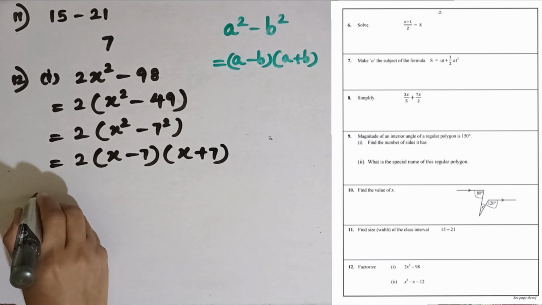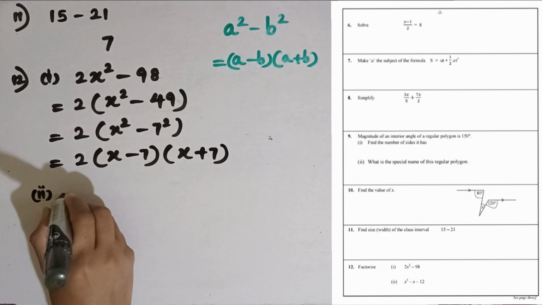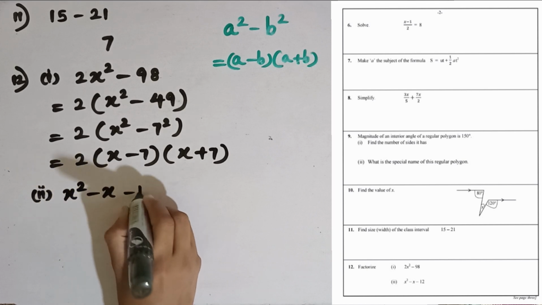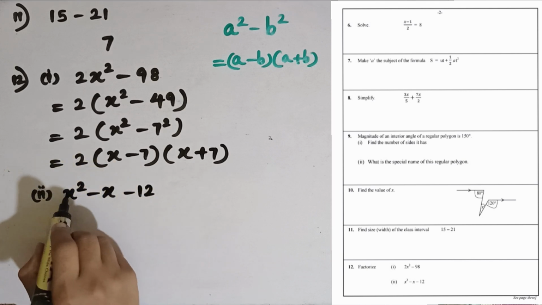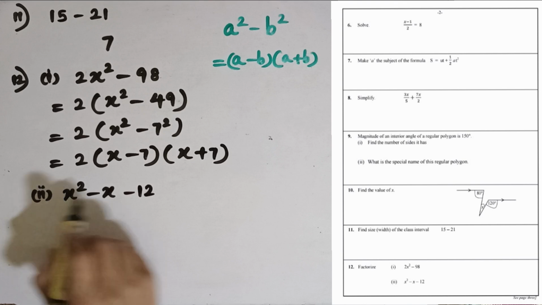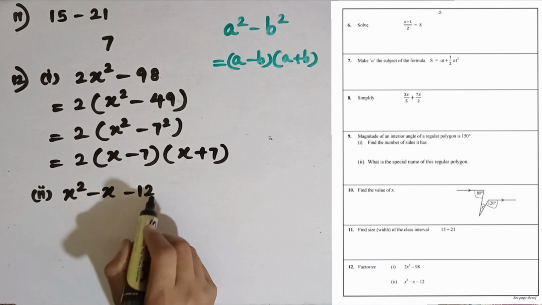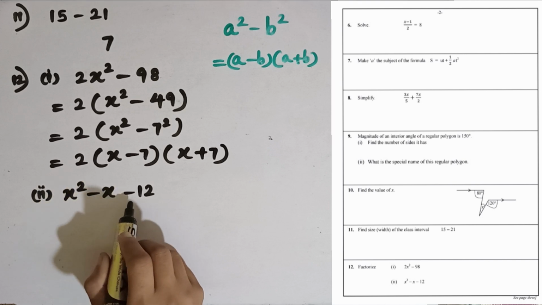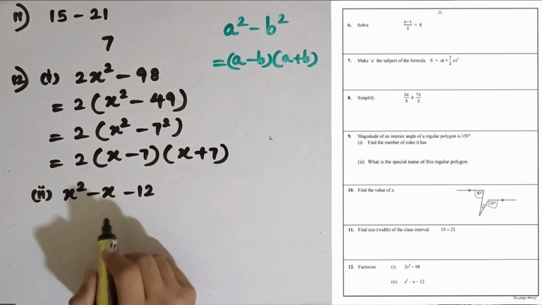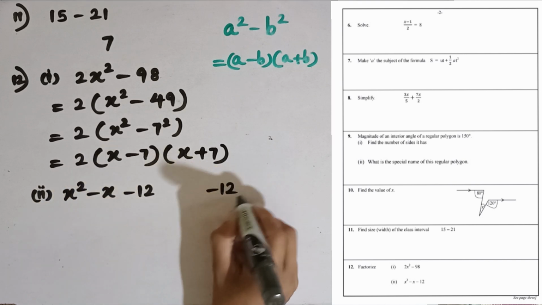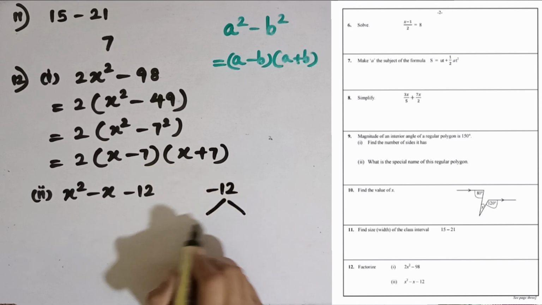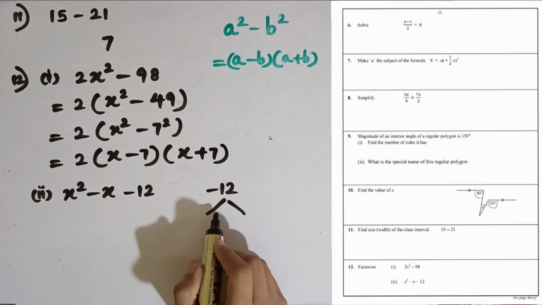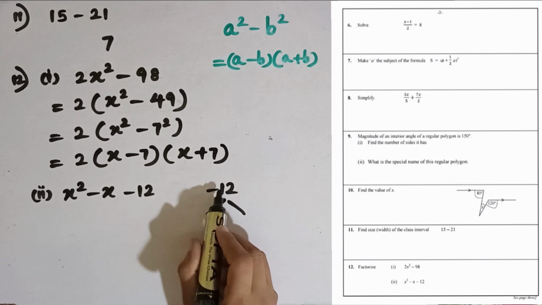Then the second one, a quadratic expression, x squared minus x minus 12. As the coefficient of the square term is 1 here, we are taking only this common term. Here the third term is minus 12. So we have to factorize this term so that the addition is minus 1 and the multiplication is minus 12.